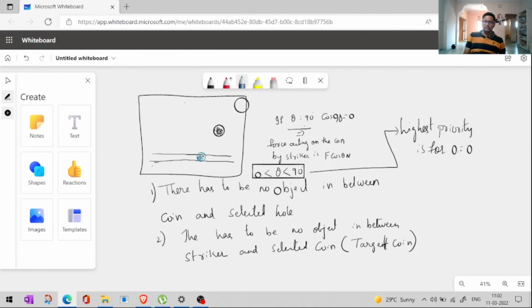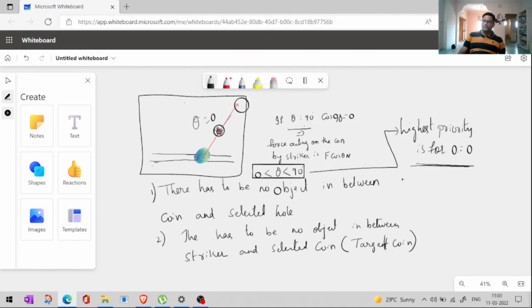Actually the striker should be somewhat larger, so I am drawing it like this. If theta equal to 0, it means the angle between these two unit vectors, this vector and this vector, is almost 0. It means it is a sure coin where you can directly hit into the hole. So that's why our highest priority is theta equal to 0.